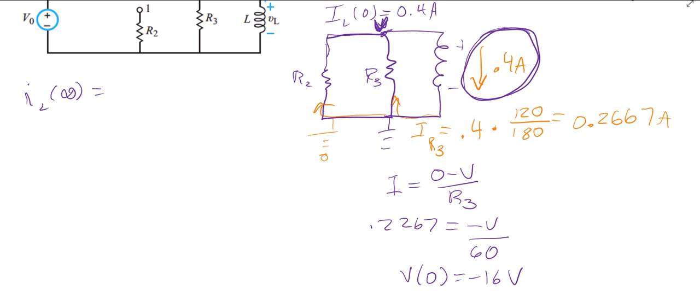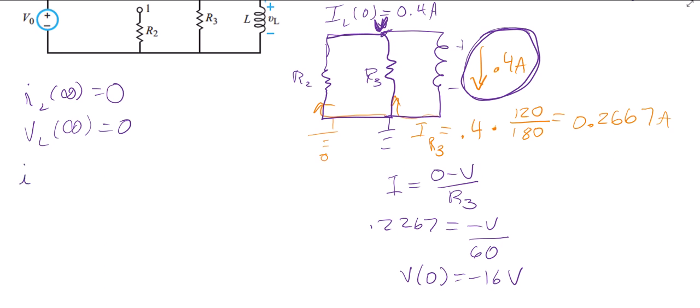So at infinity, this is just like as if we had a capacitor with no source. There's no source in here. Eventually the inductor is going to discharge, and our current through it will be 0, and also our voltage across it will be 0. So that's at infinity.